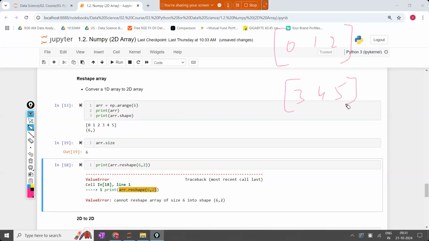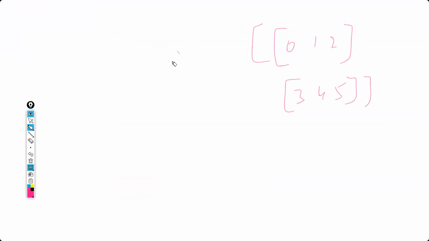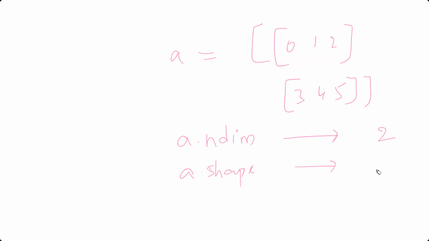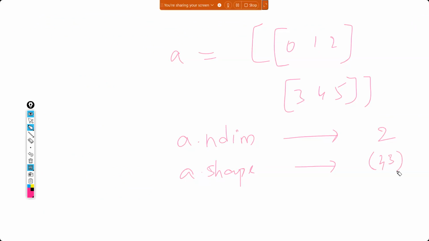Let us store this in A. A dot ndim gives the number of dimensions, which is 2. A dot shape gives 2 rows with 3 columns, 2 comma 3.